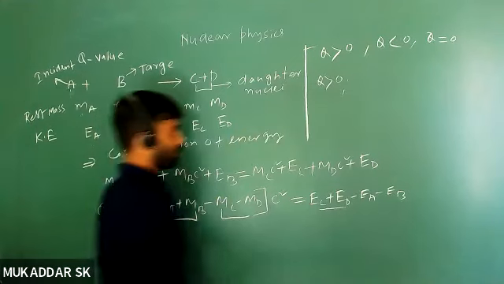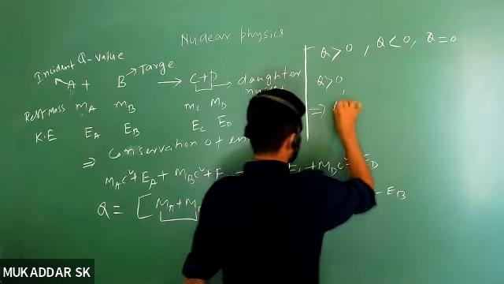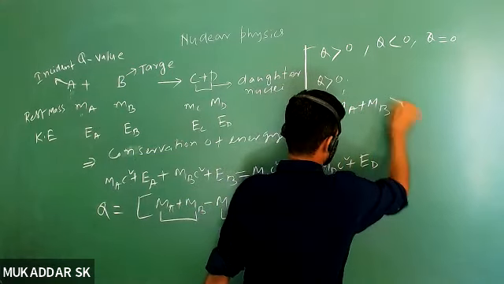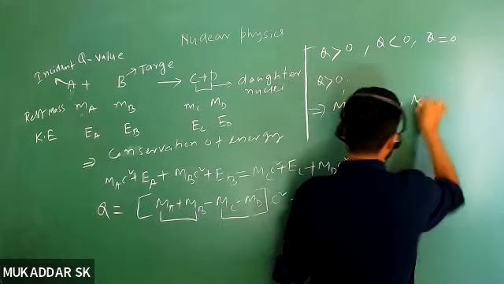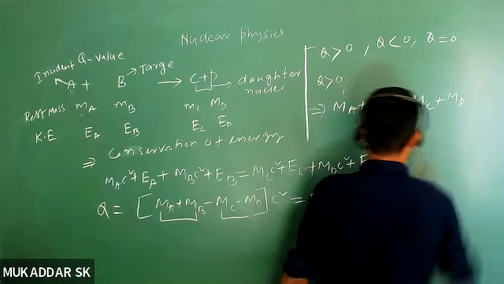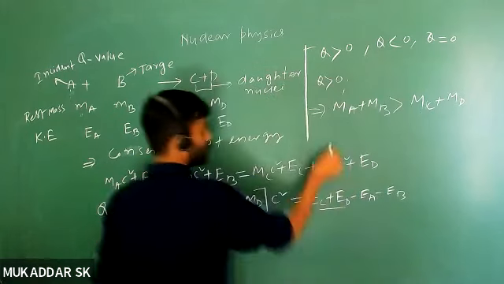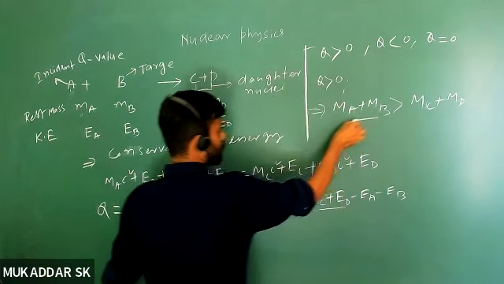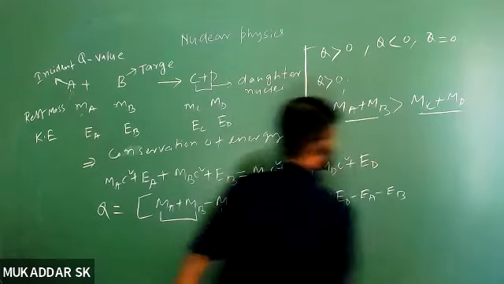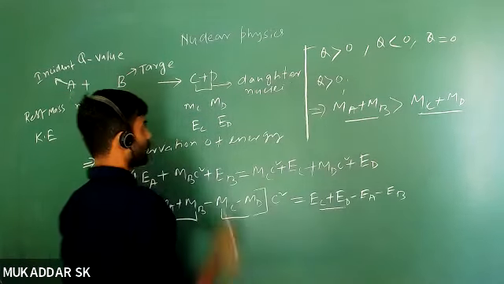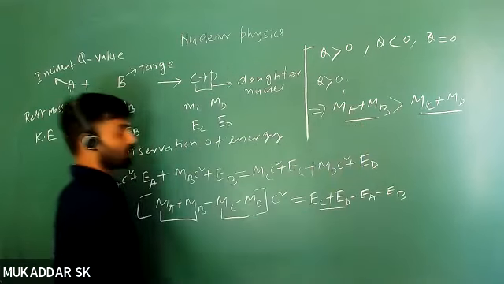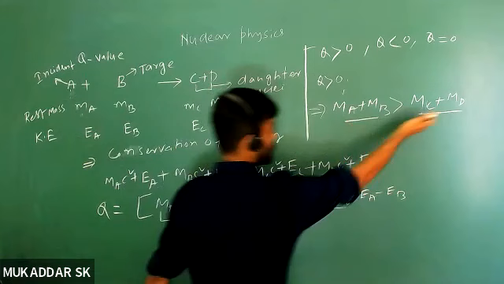So what you can write from this equation is that Ma plus Mb should be greater than Mc plus Md, right? So after reaction, the sum of the mass of the reactant is greater than the mass of the product. So in this reaction, there is a loss of mass after reaction, right? Because reactant has higher mass as compared to the product.